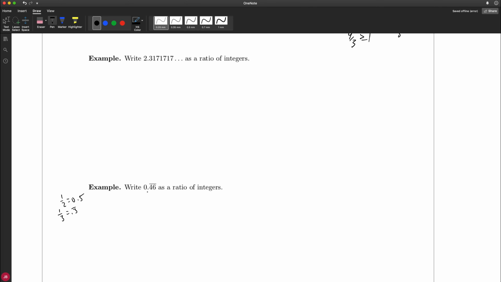So this 0.46 repeating, well, this is a rational number. You probably don't know what it is. Maybe you can guess. But what we're going to use is geometric series to find out exactly what rational number it is. Okay, so that's just a little sidebar there. Let's get into this. What we're going to do is first write this as decimal numbers. So 0.46 repeating is 0.46 plus 0.0046, right?